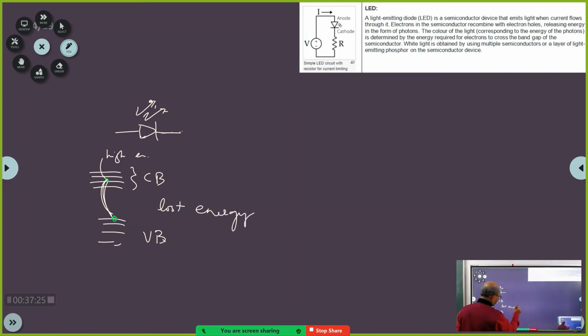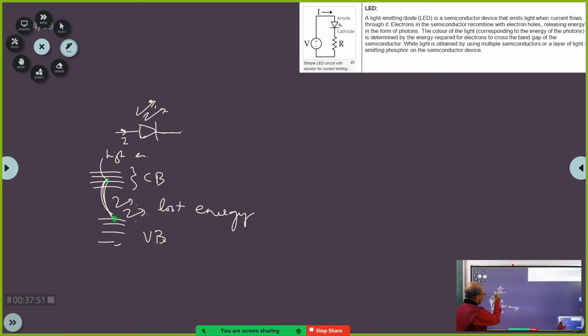Hello, are you with me? Lost energy. That energy lost by this electron will appear as light. Okay, and that is the light that comes out. As the current is flowing through the diode, there is a window. This diode is made such that there is a window and light can come out of it.